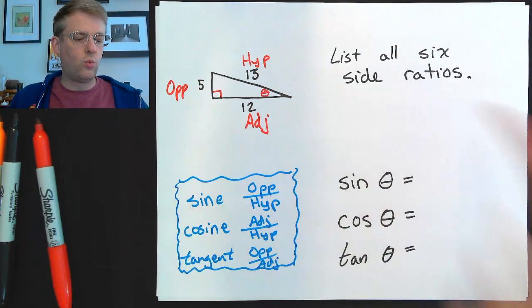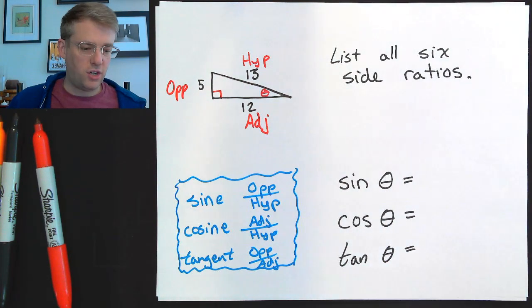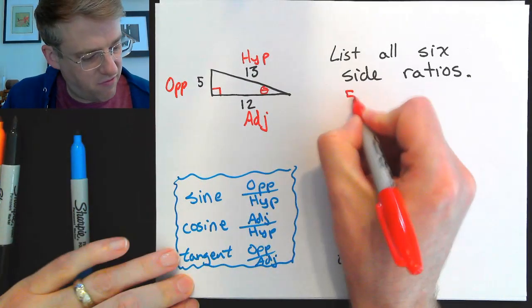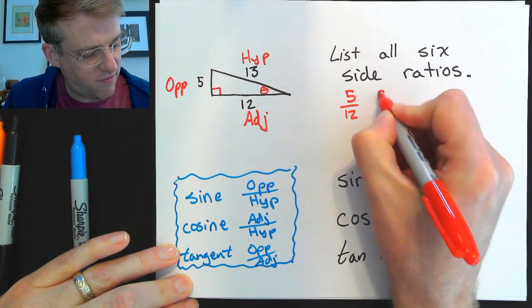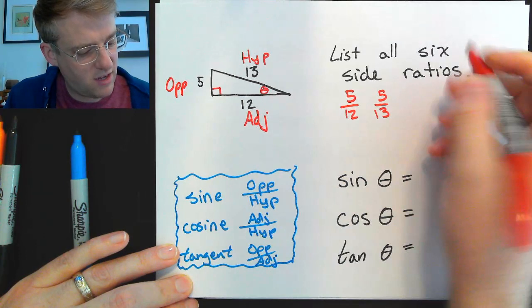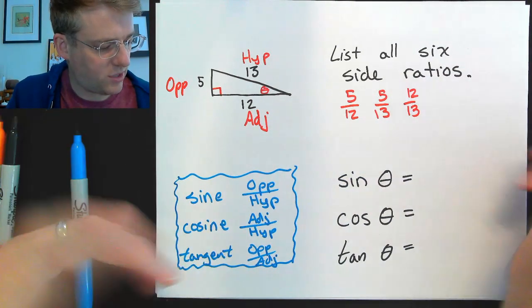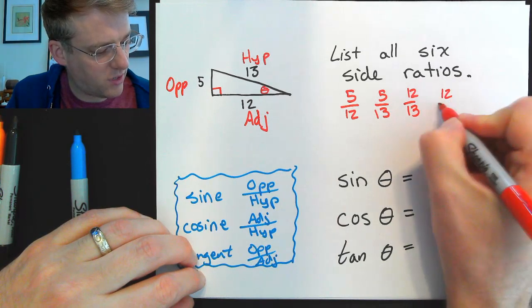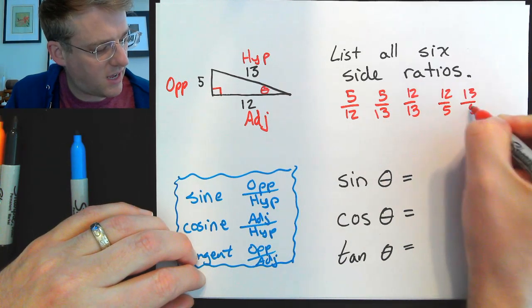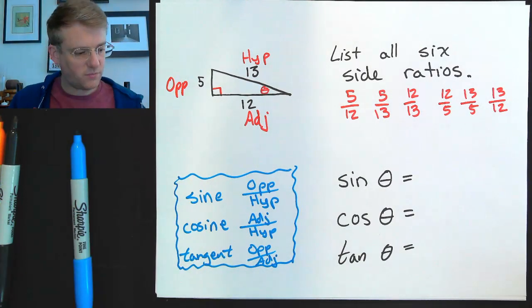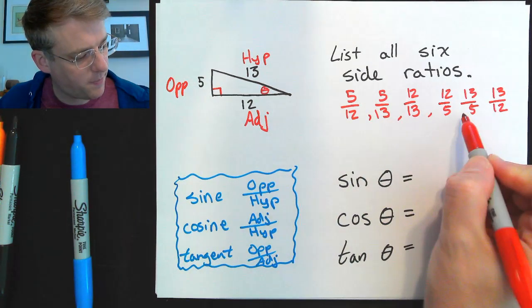So what are the 6 side ratios we could write? I've got 5 to 12, 5 to 13, 12 to 13, and then their reciprocals, the improper versions, 12 to 5, 13 to 5, and 13 to 12. All right, so there's the 6.